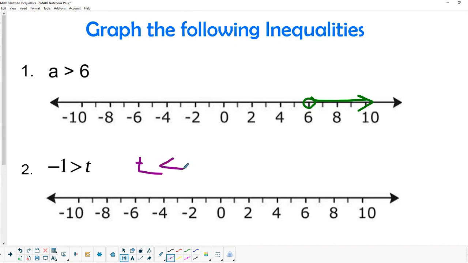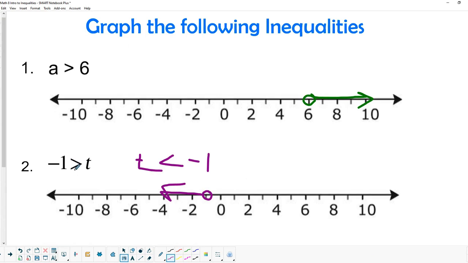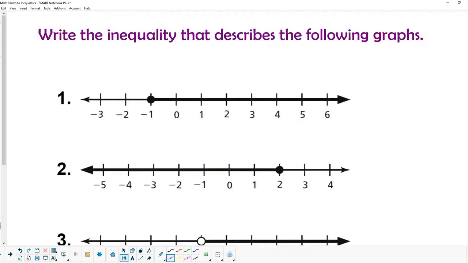So it's actually going to look like this when we turn it around. So T is less than -1. Okay, so we just go to -1, make a dot, but don't color it in. And so all the numbers less than -1 would be to its left, like that. So once in a while, the inequality has been reflected, if you will, across the inequality sign, and so you have to watch how to write it and the other details.